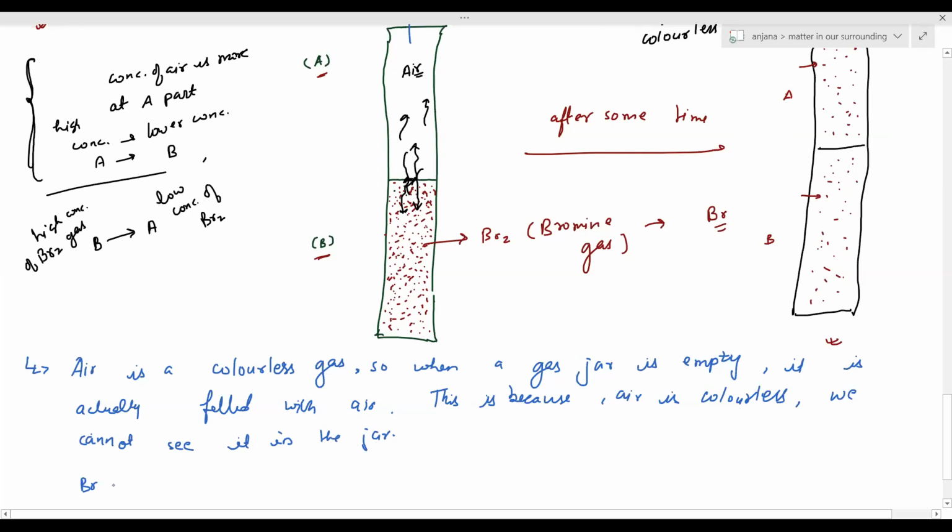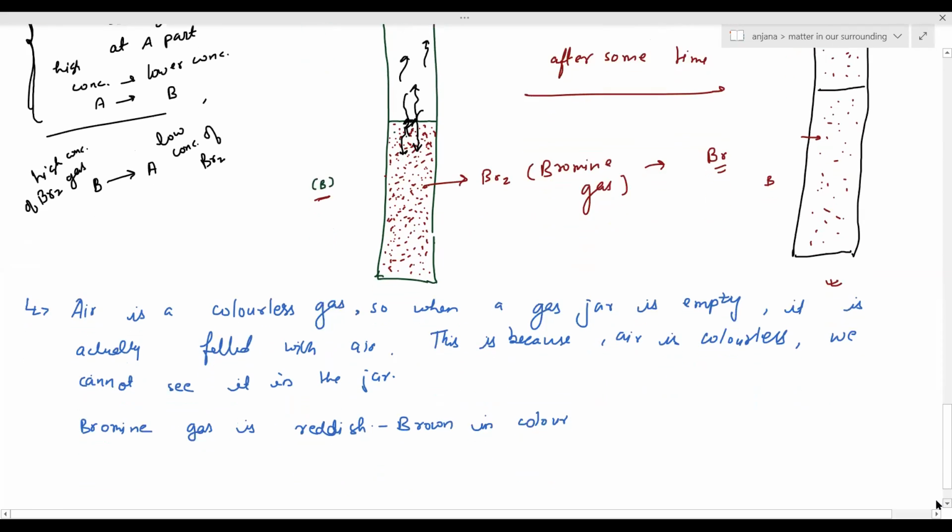Next point, bromine gas is reddish brown in color. And it is heavier than air.